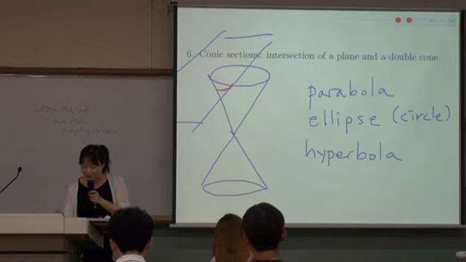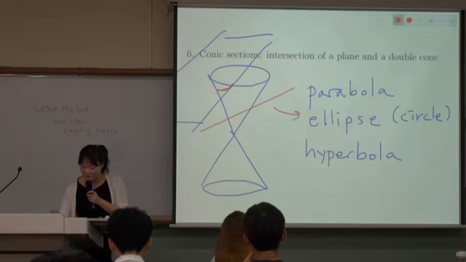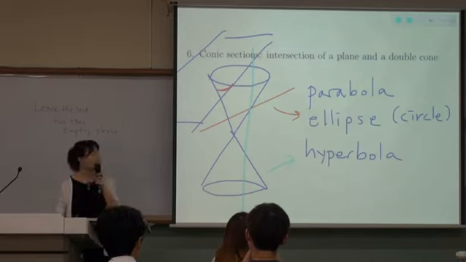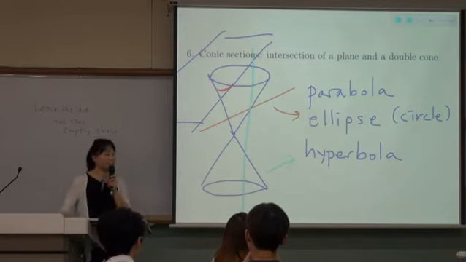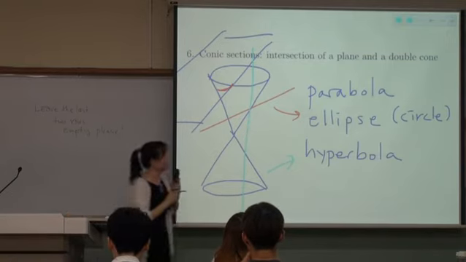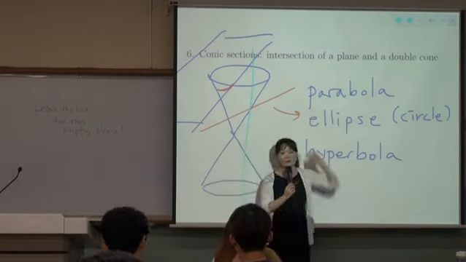Or by cutting like this, we get an ellipse. And when we cut like that, we get a hyperbola. Okay? So among these, let's look at the parabola first.